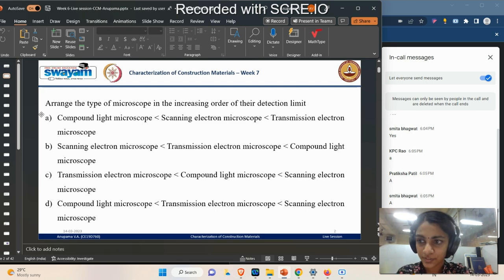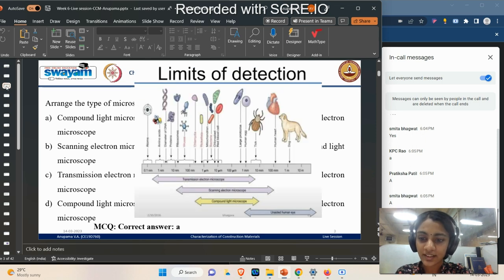Okay, let's move to the correct answer. So the correct answer is option A, as rightly told by those who have responded in the chat box. So here is the unaided human eye detection limit. So compound light microscope lies a little further than the unaided human eye, whereas scanning electron microscope can detect a little more smaller objects than the compound light microscope, whereas transmission electron microscope can even detect up to 0.1 nanometer scale, angstrom scale particles also can be detected by transmission electron microscope.